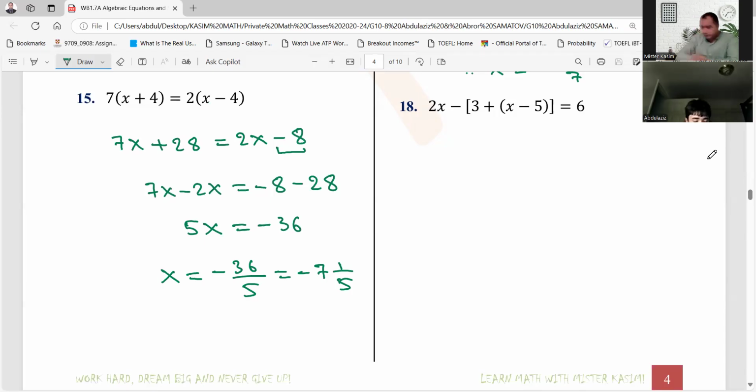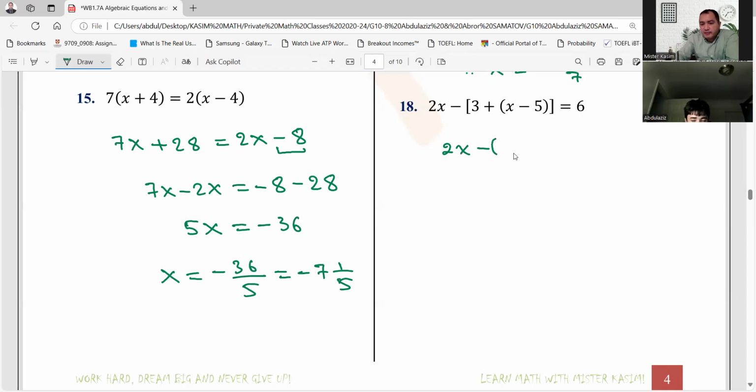Very good. So here we have 2x minus x minus 2 equals 6, right? And here, 2x minus x plus 2 is equal to 6. So x is equal to 4.